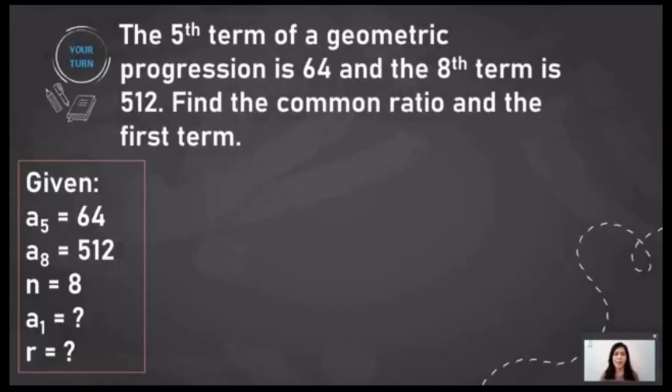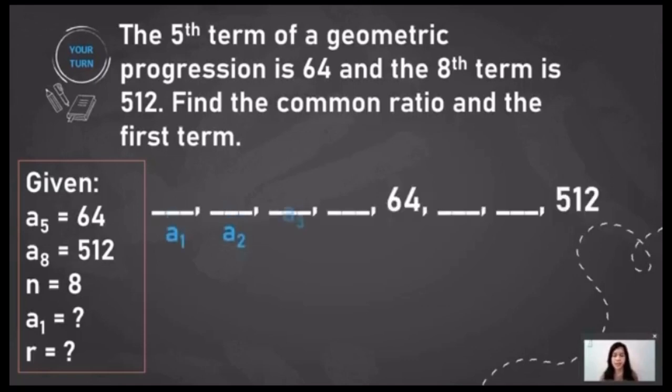Alright, now again, first is to identify all the given. Our a sub 5 is 64, a sub 8 is 512, our n is equal to 8. We are looking for our common ratio and the first term. Now we write our sequence as this one.